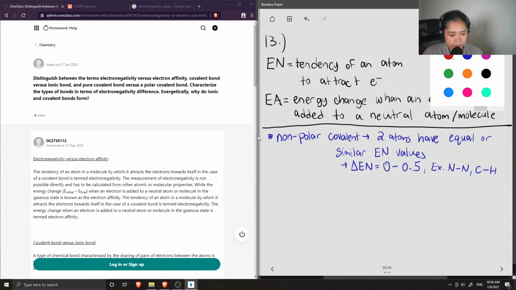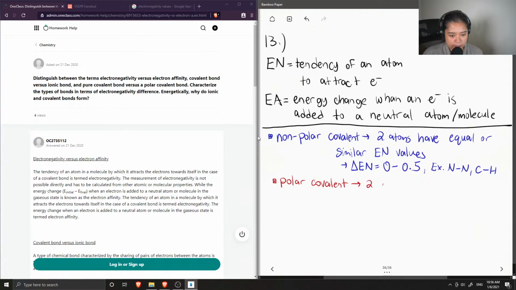So this is nonpolar covalent, and we can have polar covalent, which is when the 2 atoms have dissimilar electronegativity values. So the change in electronegativity for polar covalent bonds is usually around 0.5 to 1.69.